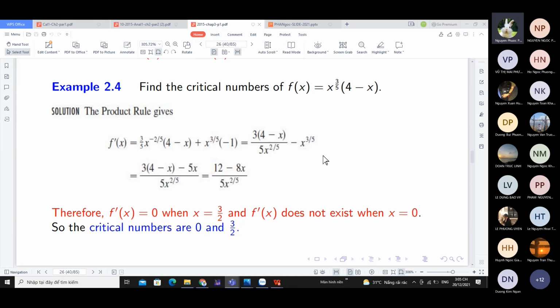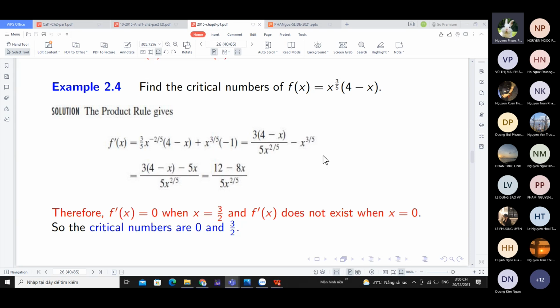As you can see here, f prime of x gives you 12 minus 8x over 5 x to the 2 over 5. So f prime of x equals 0 when x equals 3 over 2.